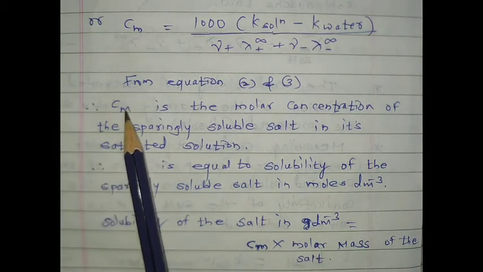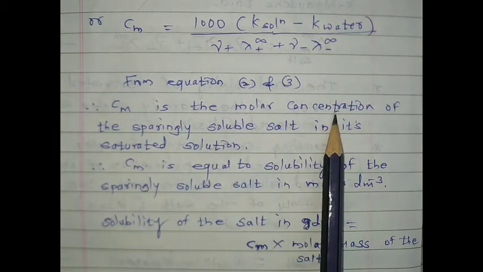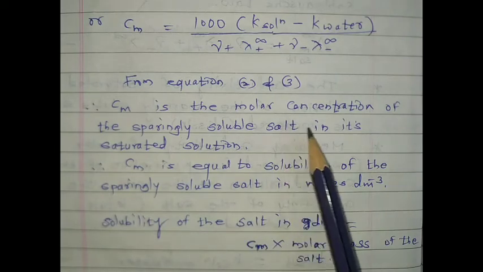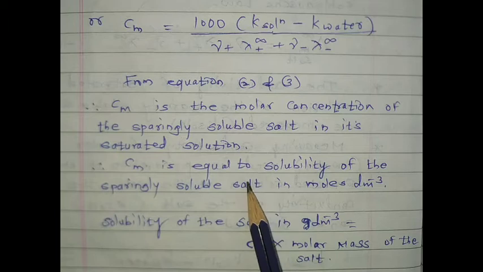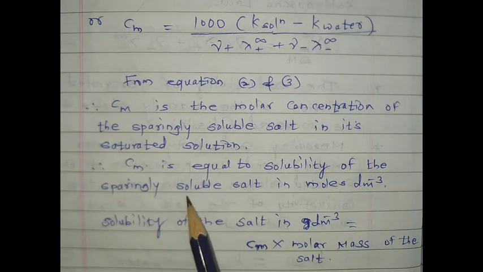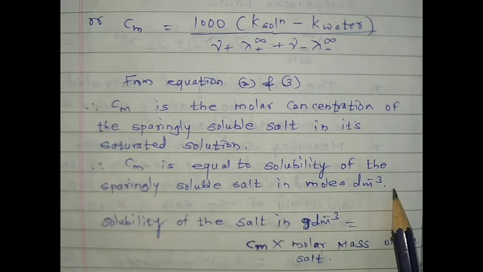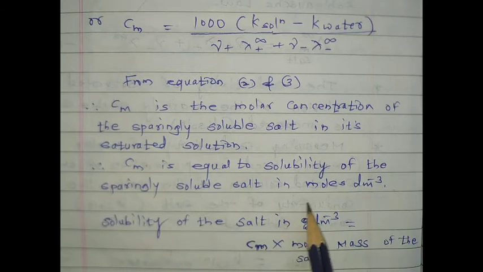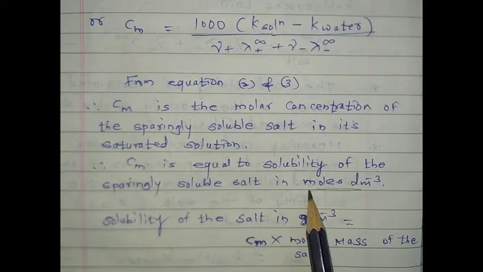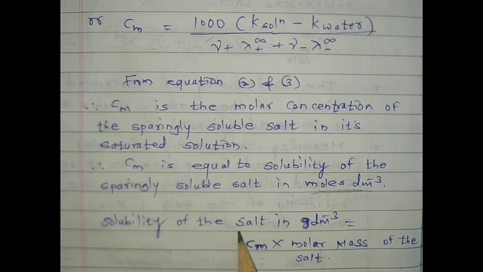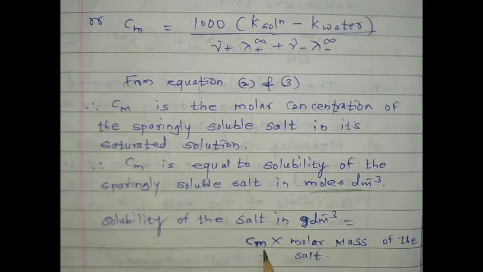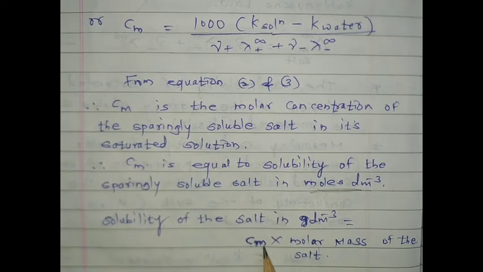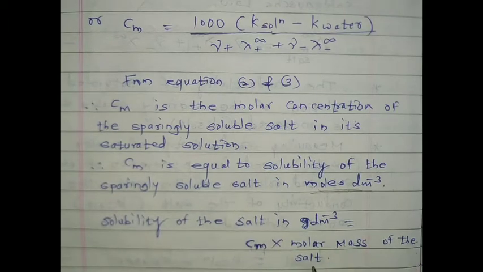Therefore, Cm, the molar concentration of the sparingly soluble salt in its saturated solution, is equal to the solubility of the salt in moles per dm cube. So we express concentration in terms of moles per dm cube. The solubility of a salt in gram per dm cube will be equal to Cm, the molar concentration in mole per dm cube, multiplied by the molar mass of the salt.